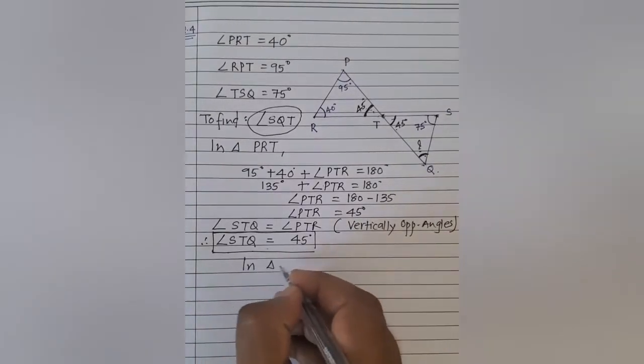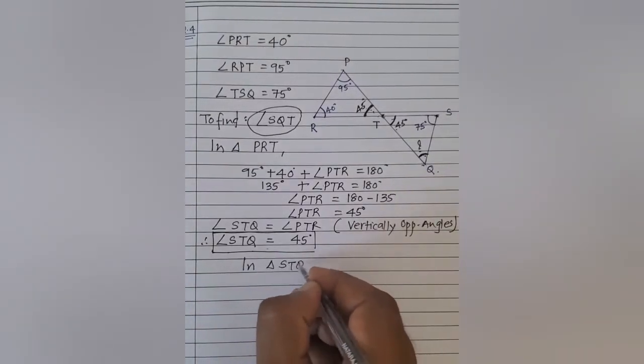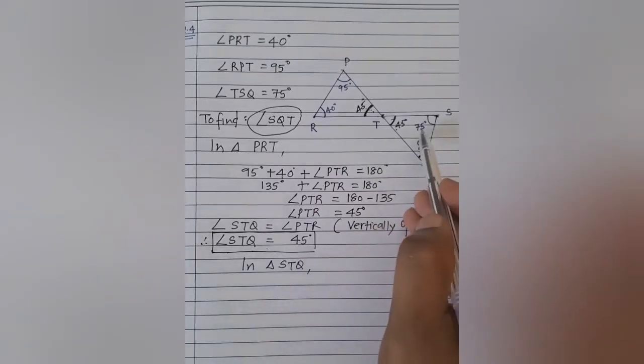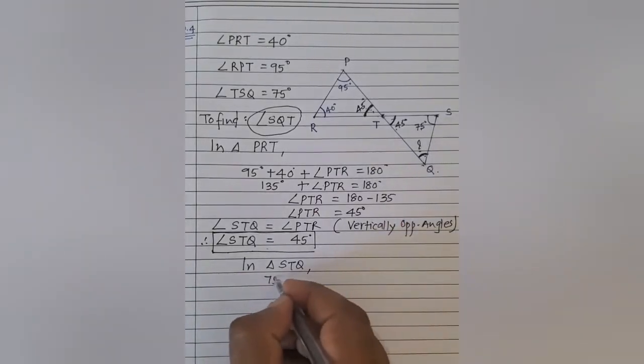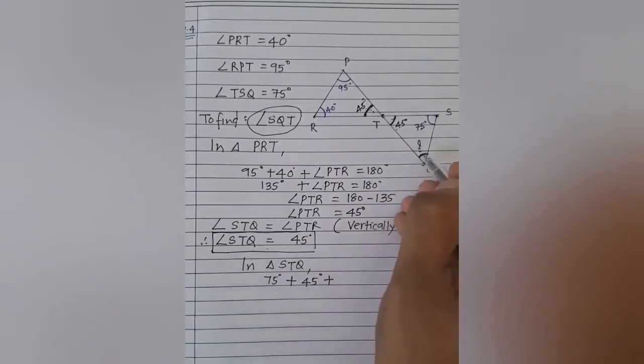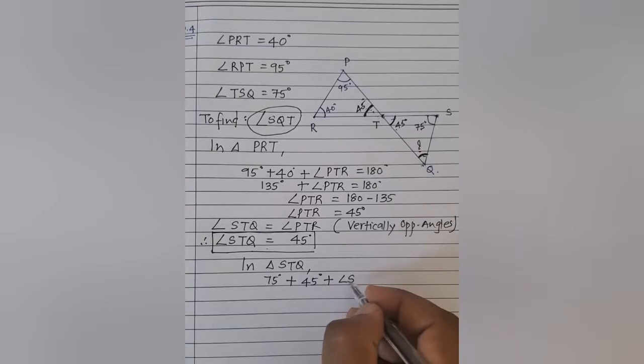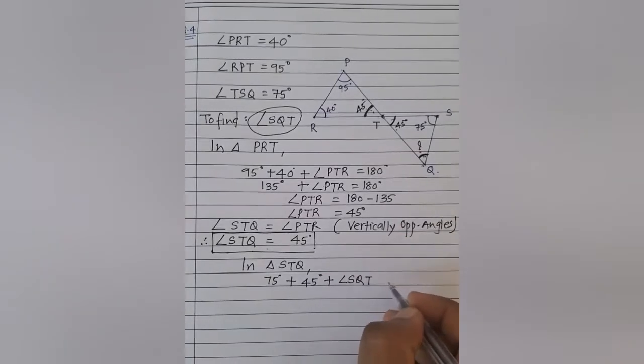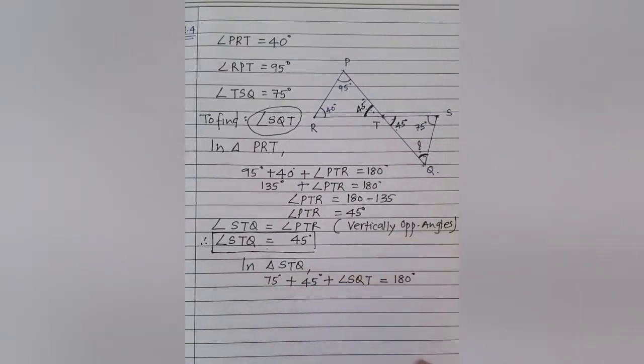In triangle STQ, I have 75 degrees plus 45 degrees plus this angle, that is angle SQT, and the sum should be equal to 180 degrees. That is the sum of all the three angles.